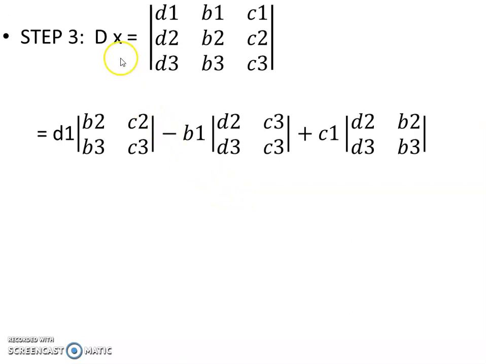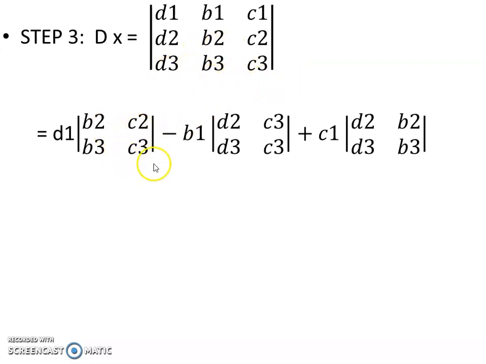So how to find dx? Now instead of a1, a2, a3, we have to put d1, d2, d3, and b1, b2, b3, c1, c2, c3 remain the same. Same system: we keep the same steps, a 3 by 3 order determinant, that is d1, b1 and c1, and we keep the first row and first column, so b2 c2 b3 c3.